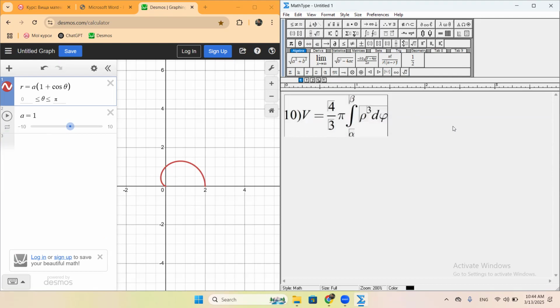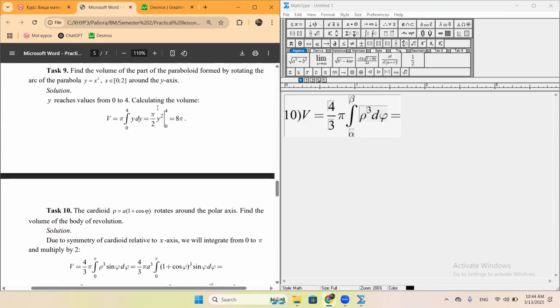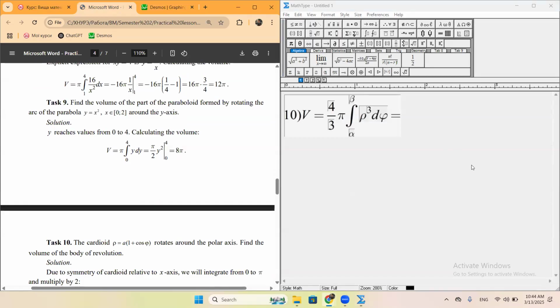So the following formula is used for finding areas, and yeah, it's not such a convenient form, but let's calculate. Rho cubed will be equal to a cubed times (1 plus cosine of phi) to the power 3.